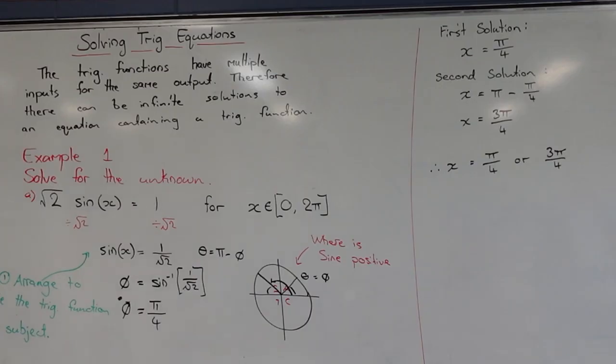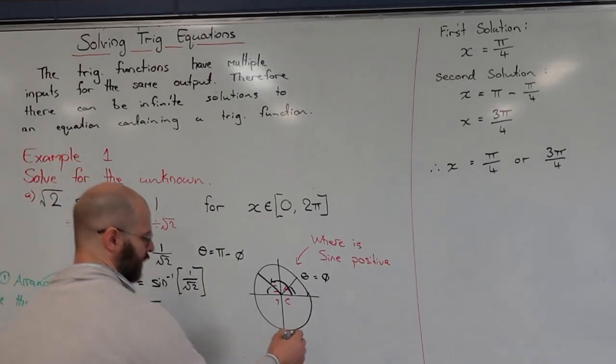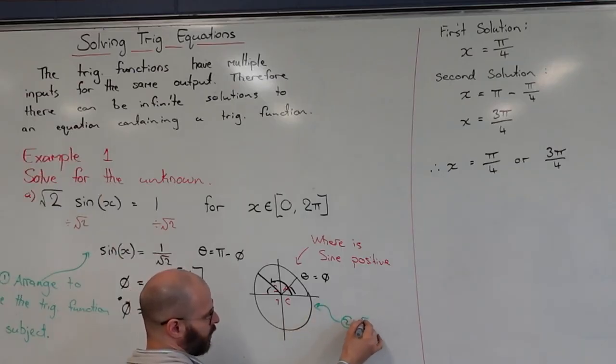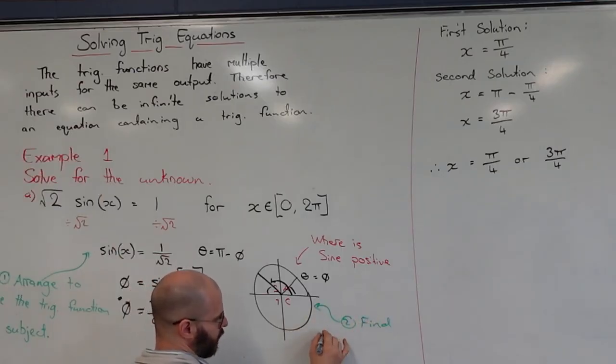Sin x, cos x, tan x plus 2, whatever it is, make it the subject. Step 2, find the location of the expected output.